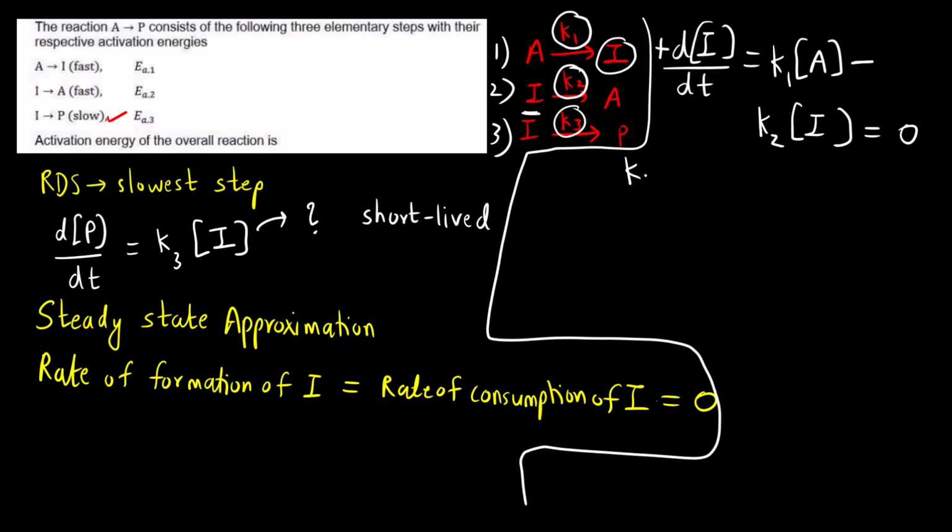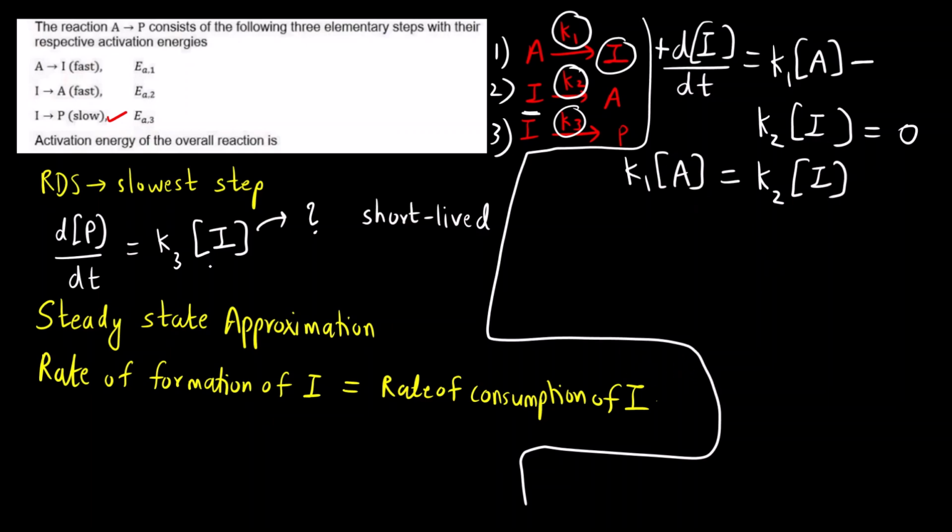Rearranging, the negative on the right-hand side becomes positive, so the rate of formation of the intermediate is the same as the rate of consumption of the intermediate.